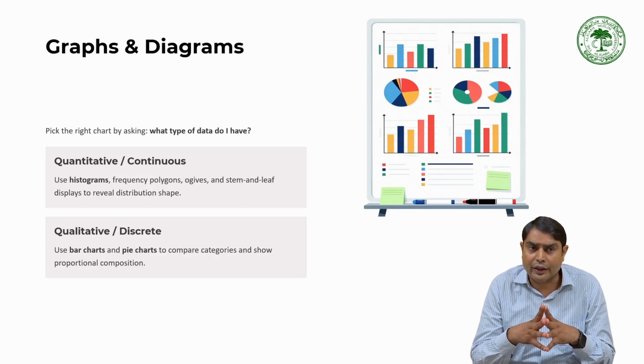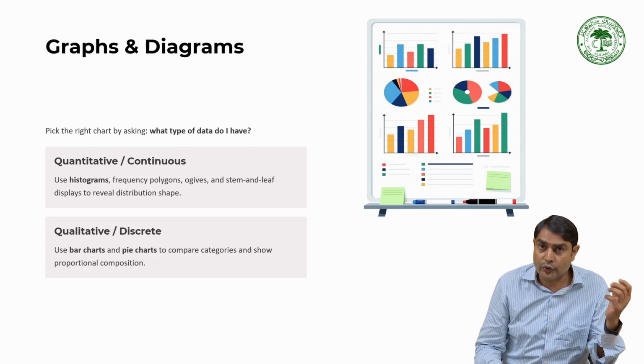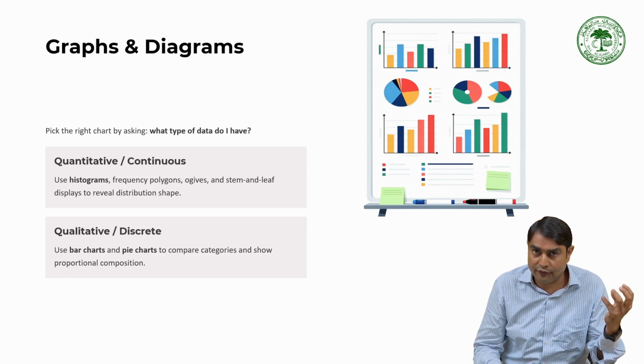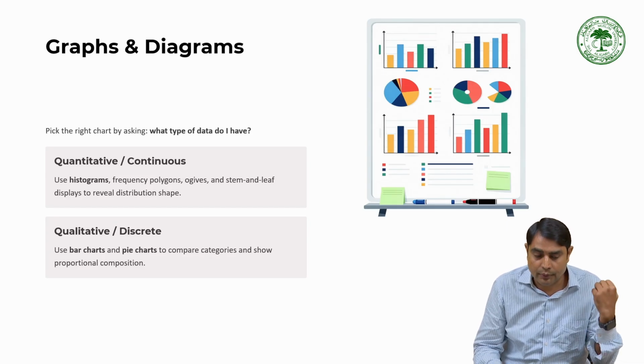For qualitative data, you use bar charts and pie charts, right? So which type of graph is relevant for quantitative continuous data? Histogram. Which type of chart is relevant for qualitative data? Bar chart and pie chart.